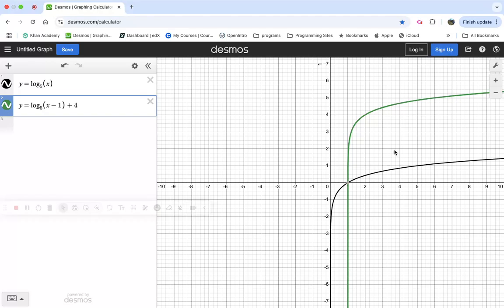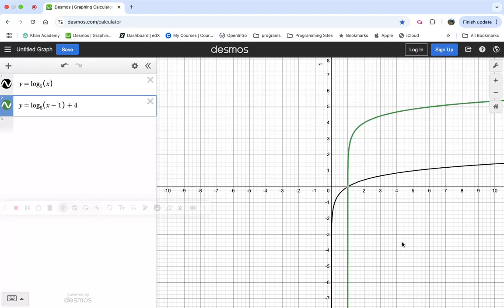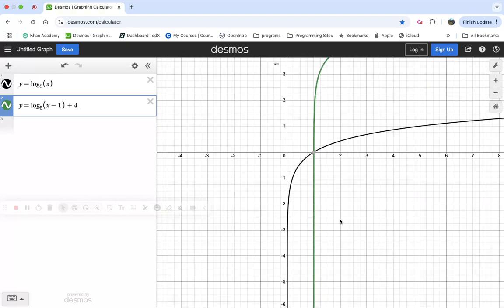Okay. So what's the domain? Well, if you notice, we now have an asymptote. The asymptote should be 1, right?